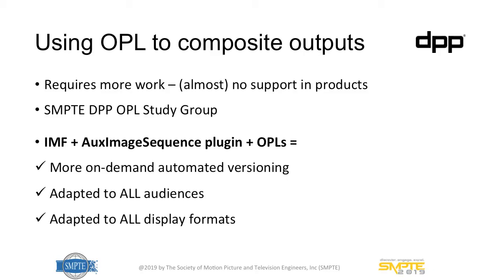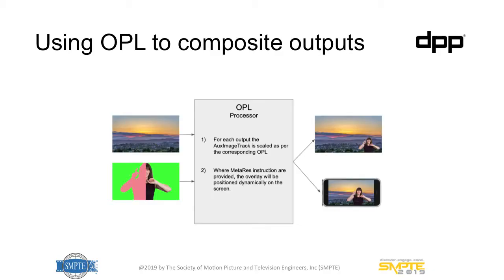So we're looking at defining next year real-world practical OPL macros for generation of AS11 output from IMF packages. Because we think that IMF, with the aux image sequence plugin, with properly functioning OPLs, gives you the ability to create more on-demand automated versioning for all audiences across all devices. And that would look something like this.